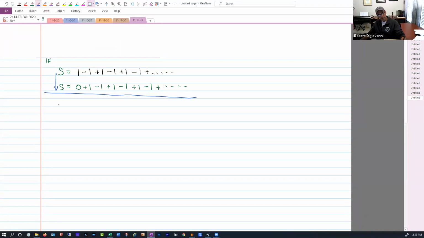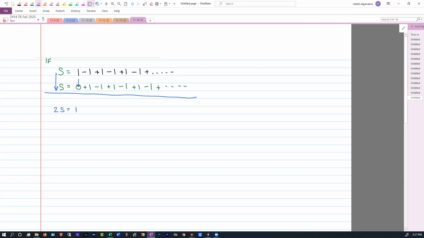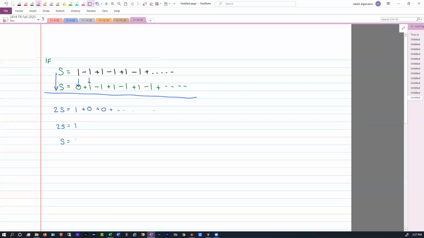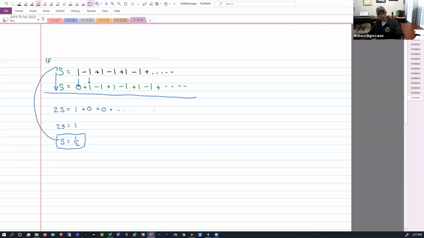What's S plus S? 2S. Start adding here. What would you get if you added those two? 1 plus 0, and then the next one would be 0, 0 the whole way, right? And so wouldn't 2S be equal to 1? If you divide both sides by 2, you get a half. That means we're saying that sum is equal to a half.